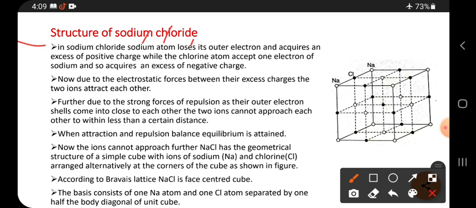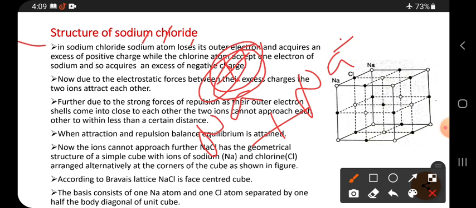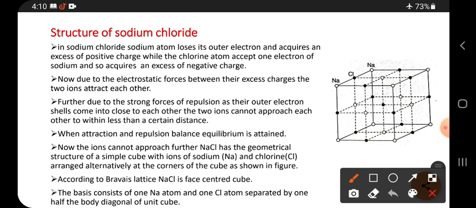When sodium loses one electron, it acquires one positive charge. When sodium is in the atomic state, it has 11 protons and 11 electrons, but after losing one electron, the electrons become 10, and protons never change.